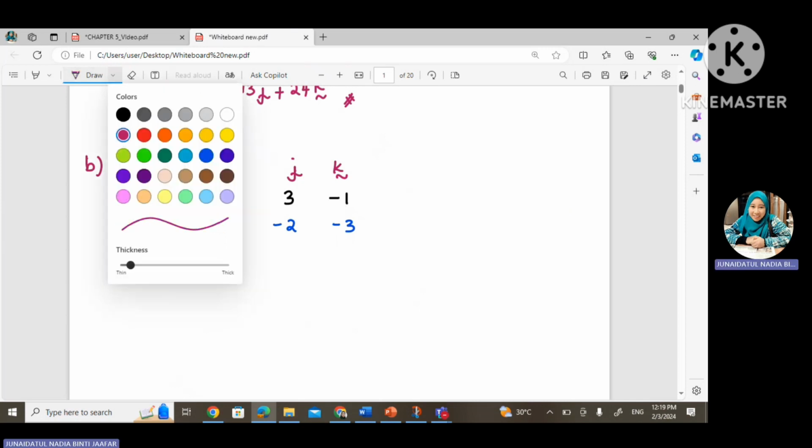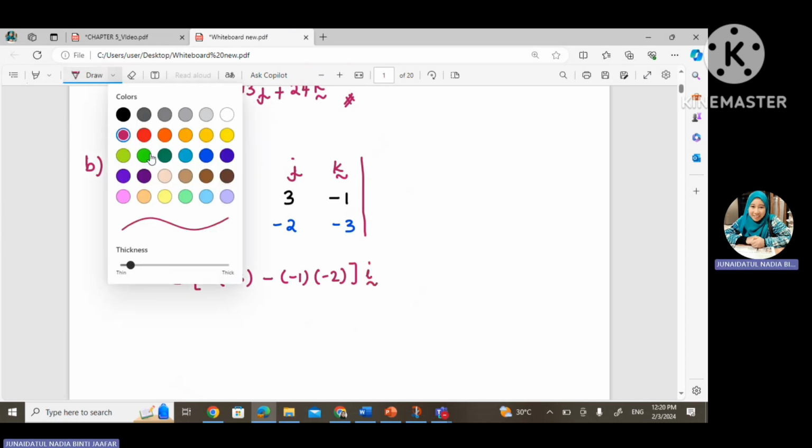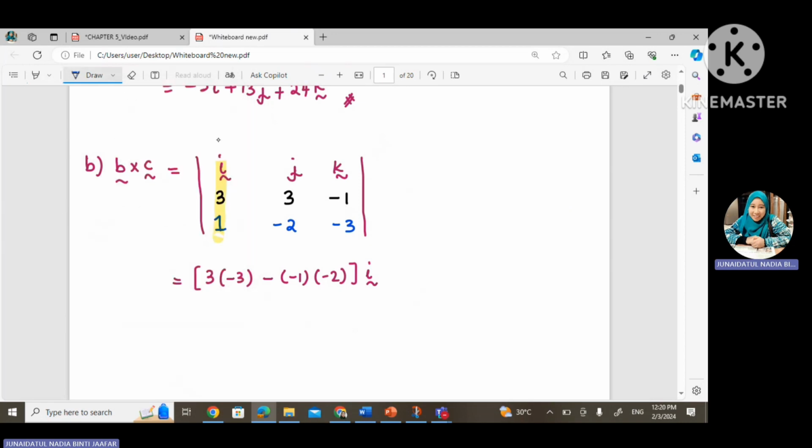Next, for column i, we have 3 times negative 3, minus negative 1 times negative 2. So this one is for i. And then remember, plus, minus, plus.